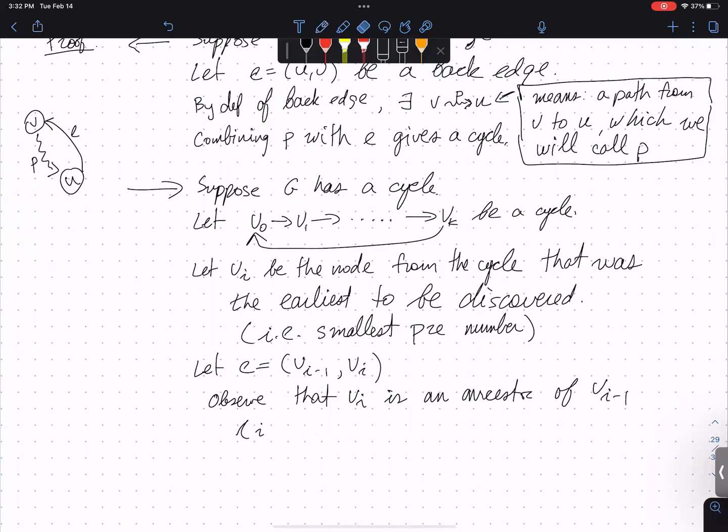So VI is an ancestor of VI minus 1. Why is this observation true?